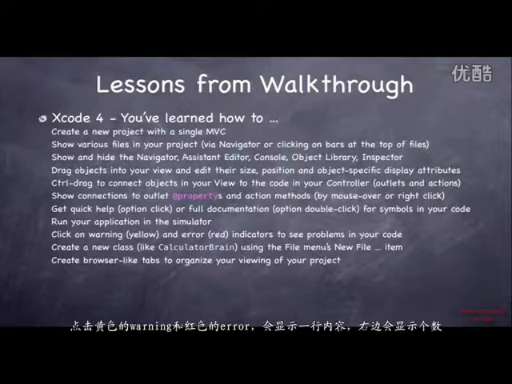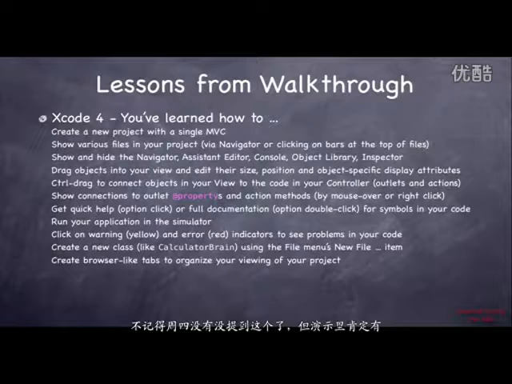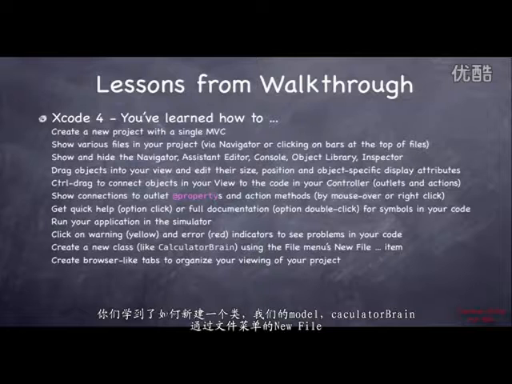There are 2 warnings here, and you can click on that. And by the way, if that warning is so long that it doesn't fit on one line, which is common, you can mouse over a warning, and it'll show you the full warning in a tooltip. Okay, I don't know if we showed that on Thursday. Pretty sure it's covered in the walkthrough, though. You learned how to create a new class, calculator brain, right, our model.